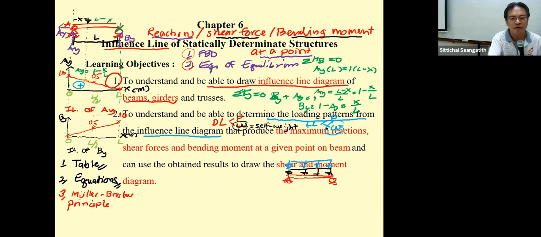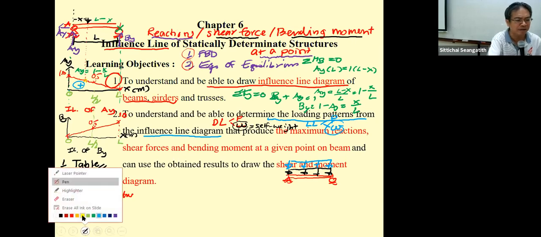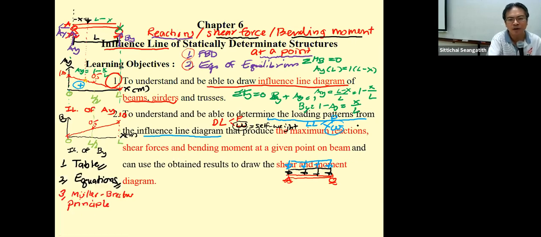And also, for example, you have a live load that is a point load. For example, you have the weight of a pickup truck. That is going to be front wheel load and rear wheel load. By doing this, let's say this is 10 kilonewton, this is 8 kilonewton.